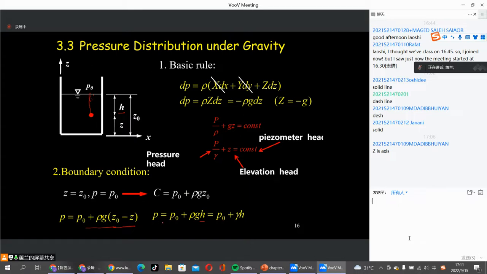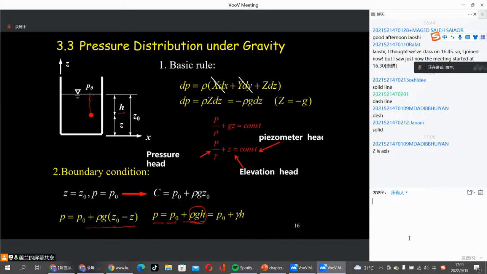So P, the pressure at any point in this glass of water, is equal to P naught, the atmospheric pressure, plus rho g h. This pressure is due to the liquid weight, due to the body force.